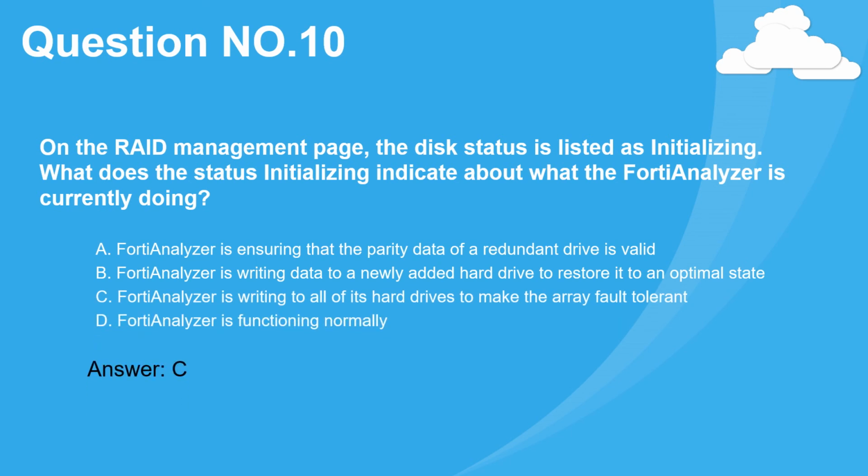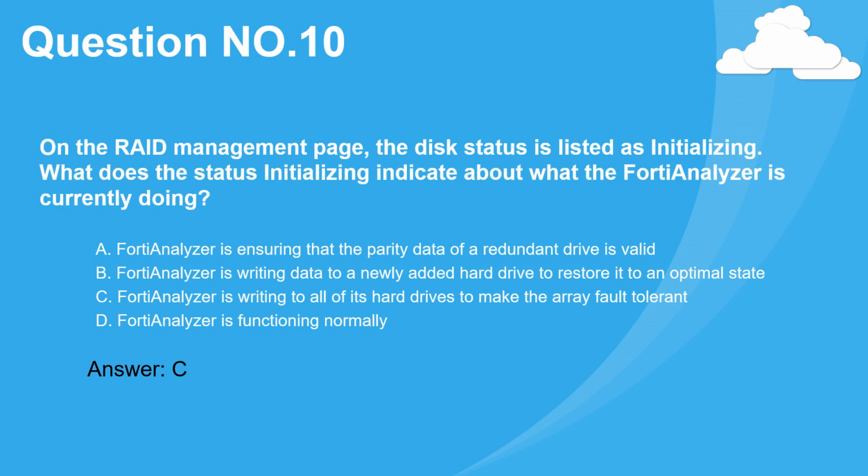Question No. 10. On the RAID management page, the disk status is listed as initializing. What does the status initializing indicate about what the FortiAnalyzer is currently doing? A. FortiAnalyzer is ensuring that the parity data of a redundant drive is valid.